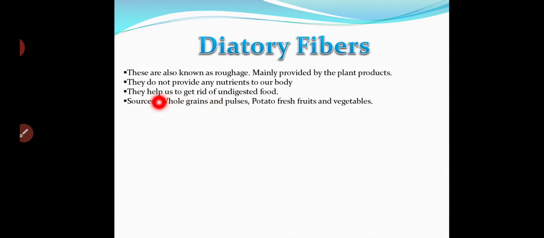Because they help us get rid of undigested food, for easy motion of our body. Whole grains, pulses, potato, fresh fruits and vegetables contain dietary fibers.